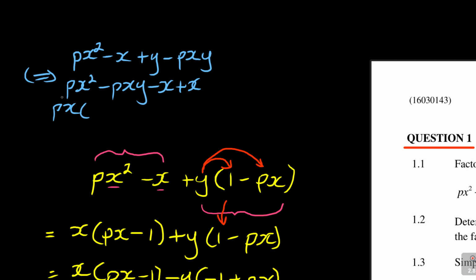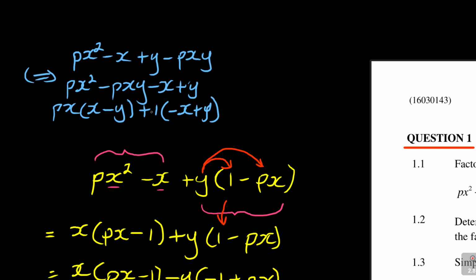So p into p cancels, x into x squared is x, minus, sorry about this, this is a y here, I don't know why I wrote that, and then minus p into p, px, and then minus y. You see this? And then now you take out 1 here, so that you have got minus x plus y.